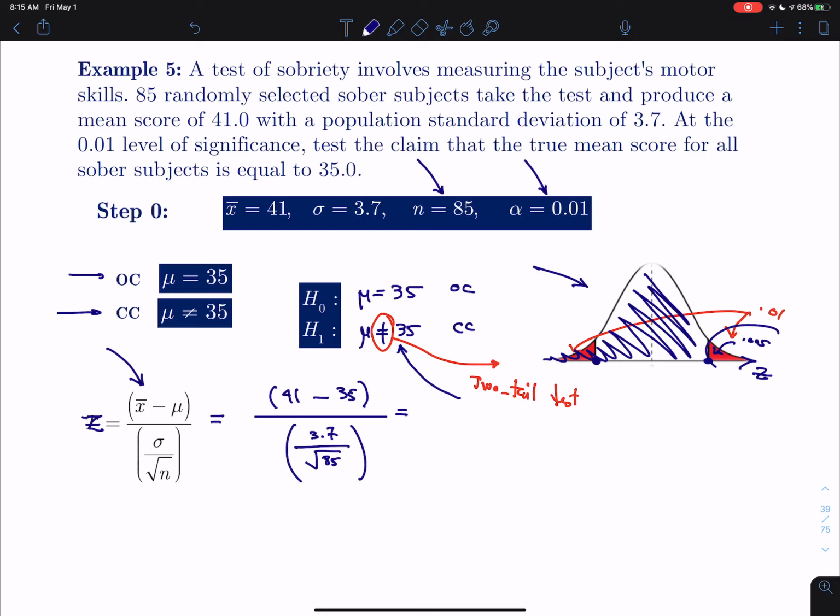If this top area is 0.005 and I know the whole thing is 1, then the area to the left will be 1 minus 0.005, which is 0.995. And that's what you would use in your z command, norm.s.inv of 0.995, and that will give you the z value.